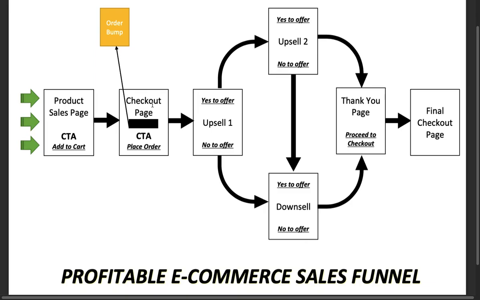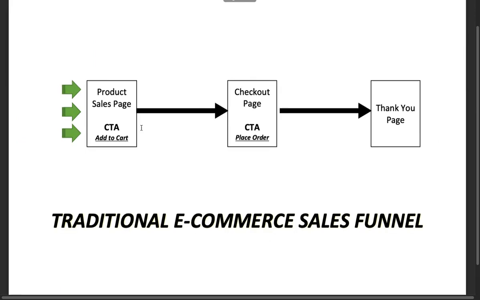That is what I call increasing average cart value. Yes, exactly, increasing average cart value. Because if the customer is supposed to get a product, then at this checkout page is actually getting two products compared to the traditional way of selling online.